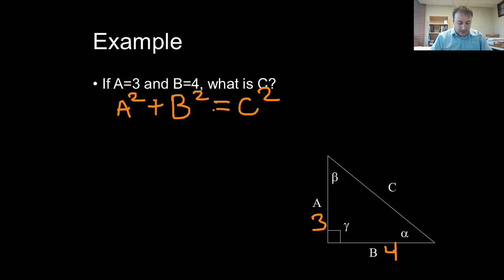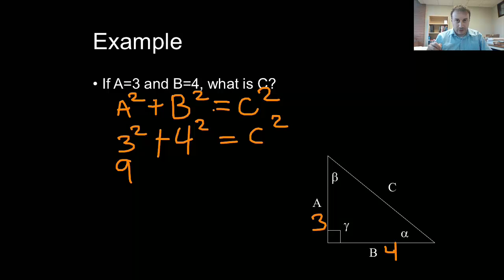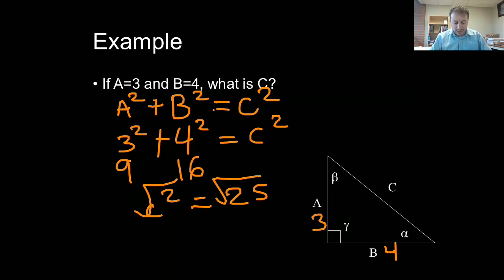Therefore, we can solve that a squared, which is 3 squared, plus b squared, which is 4 squared, is equal to c squared. Well, we know 3 squared is equal to 9, and 4 squared is equal to 16, so therefore c squared is going to be equal to 25. The last thing we need to do to solve for the length of our hypotenuse c is to take the square root of c squared and the square root of 25, and we get that c is equal to 5.